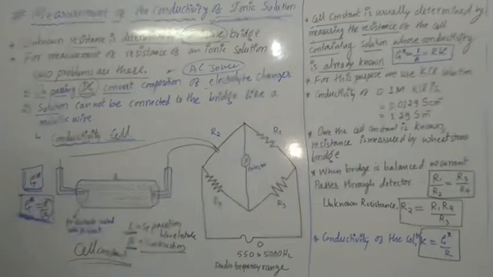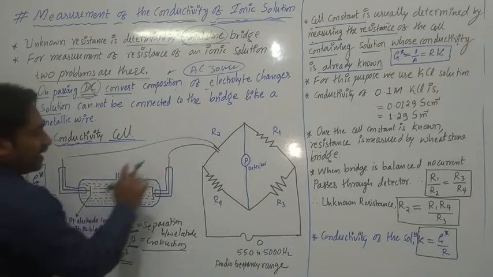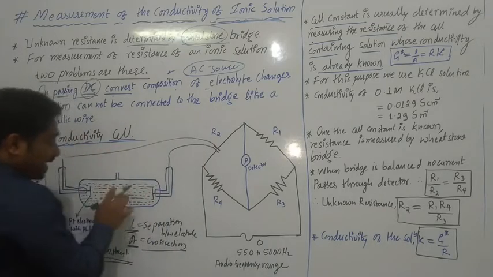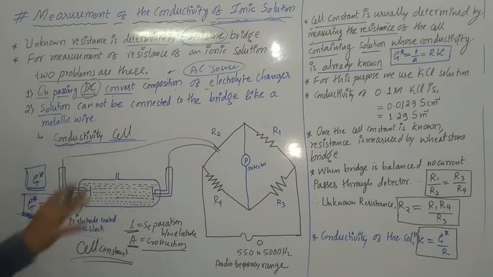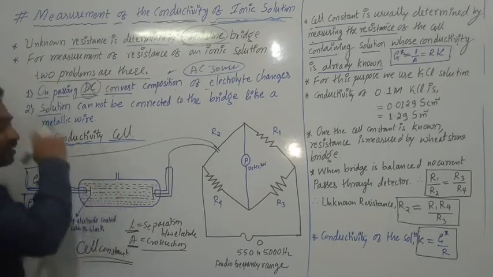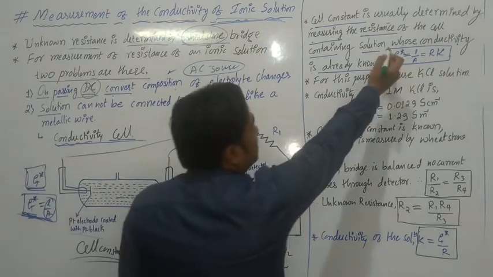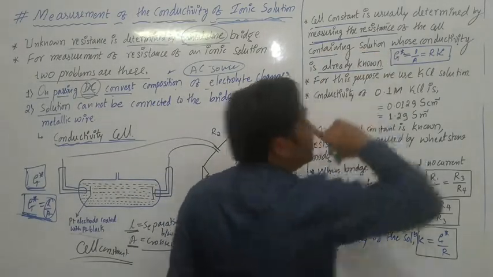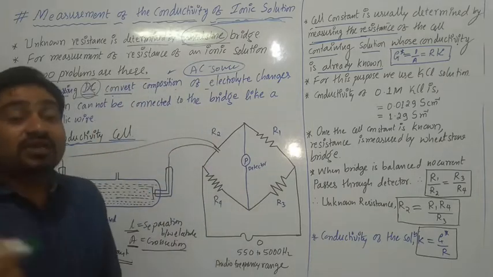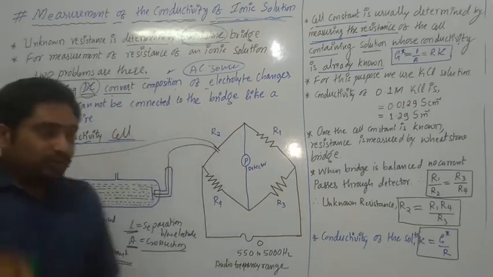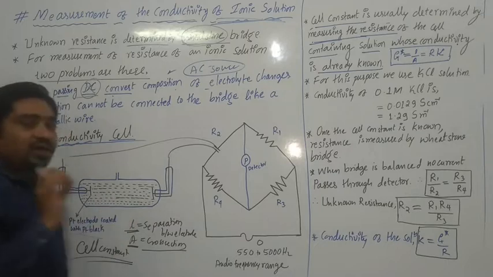If I know the conductivity, I can calibrate this conductivity cell with the standard cell constant value. So the cell constant is determined by measuring the resistance of the cell containing a solution whose conductivity is already known.